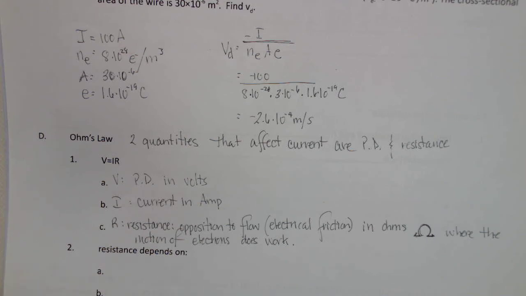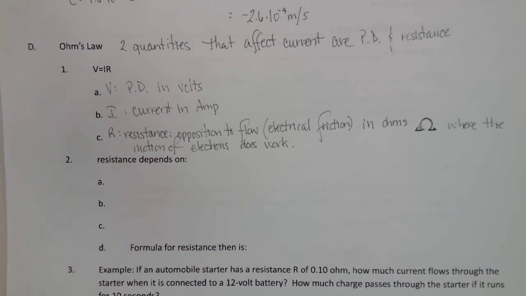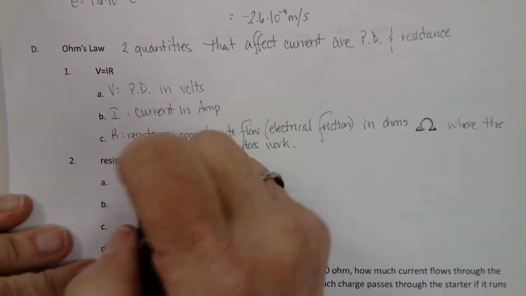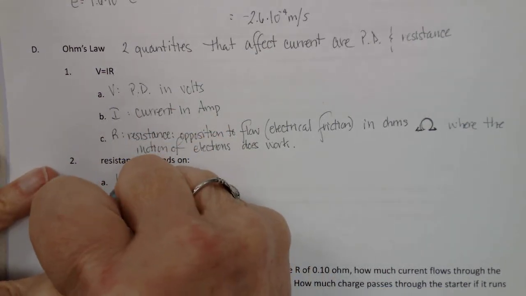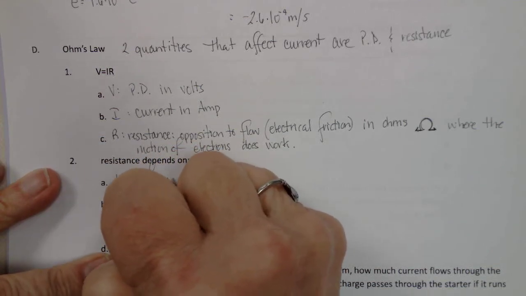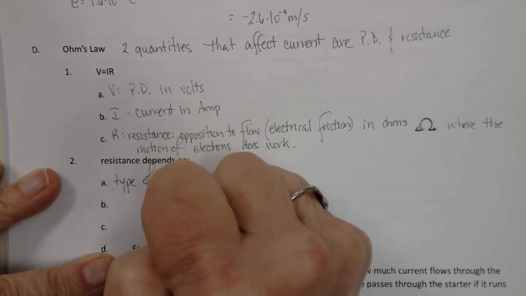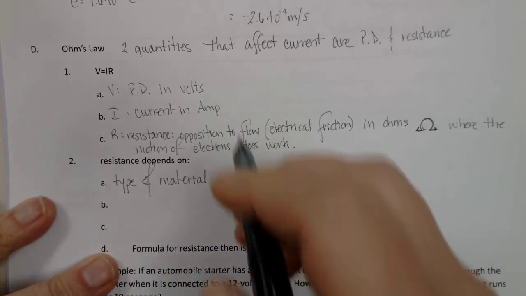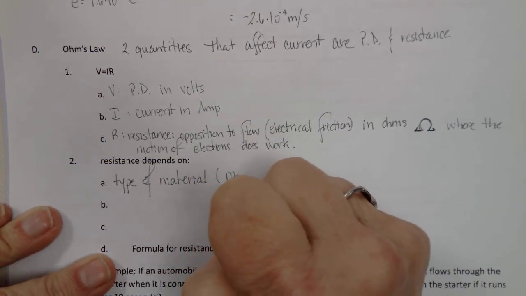Now the resistance, that thing that's going to be doing the work in the circuit, depends on three different things. It depends on the type of material, and metals have less resistance. That's a good thing.